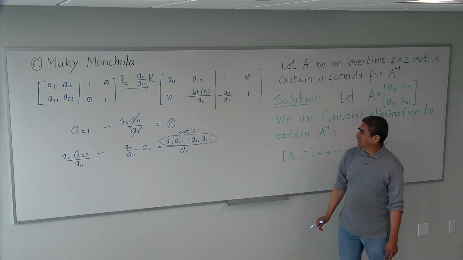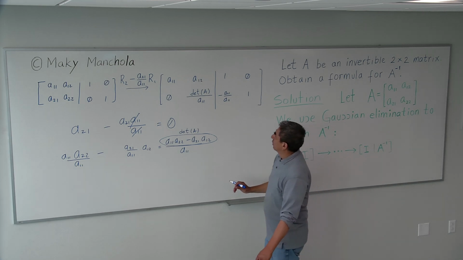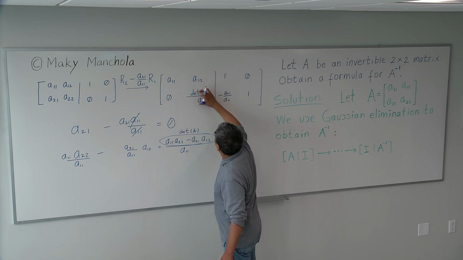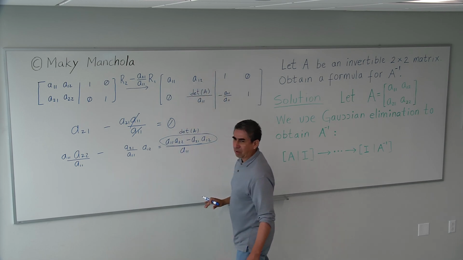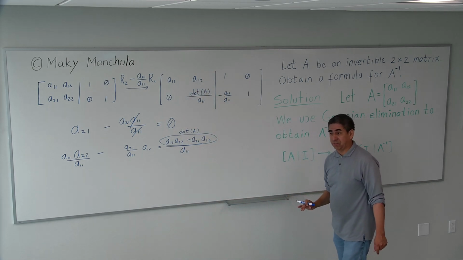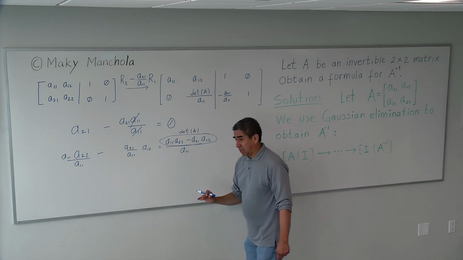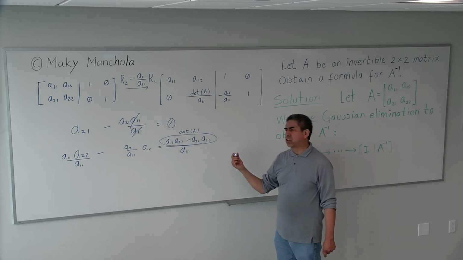Okay, next. The next step is to get rid of A12 by using the entry right below it, which is the first non-zero entry of the second row. Now, I have mentioned non-zero entry here.